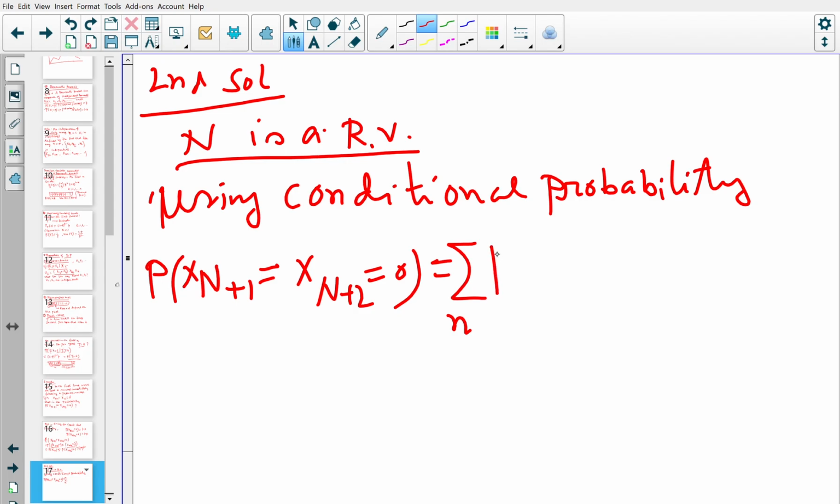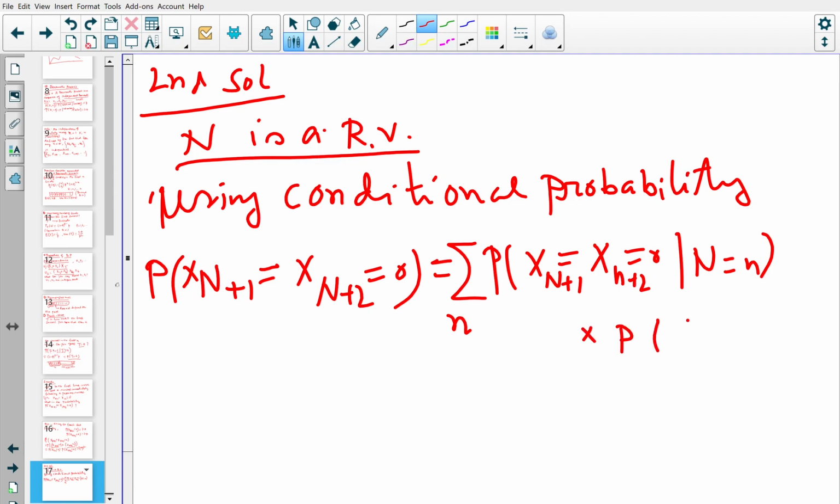Then you can write the probability that x_{n+1} and x_{n+2} are both failures, given that capital N equals small n, times the probability that capital N equals small n. This is the conditional probability formula, you remember that.